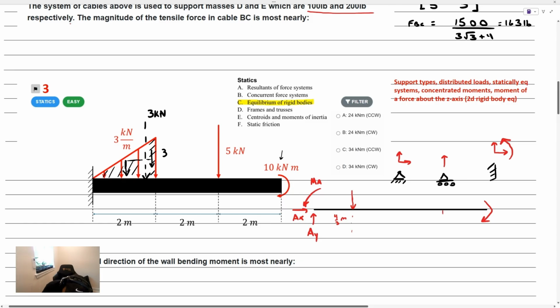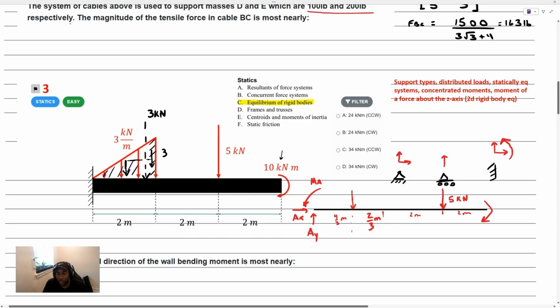And 2 meters from the left end, what we have is a 5 kilonewton point load. This is 2 more meters, and then this is a third, 2/3 of a meter. Okay, 4/3 and 2/3, that makes 6/3 or 2 meters. So that distance makes sense. There's an additional 2 meters here and 2 meters here.